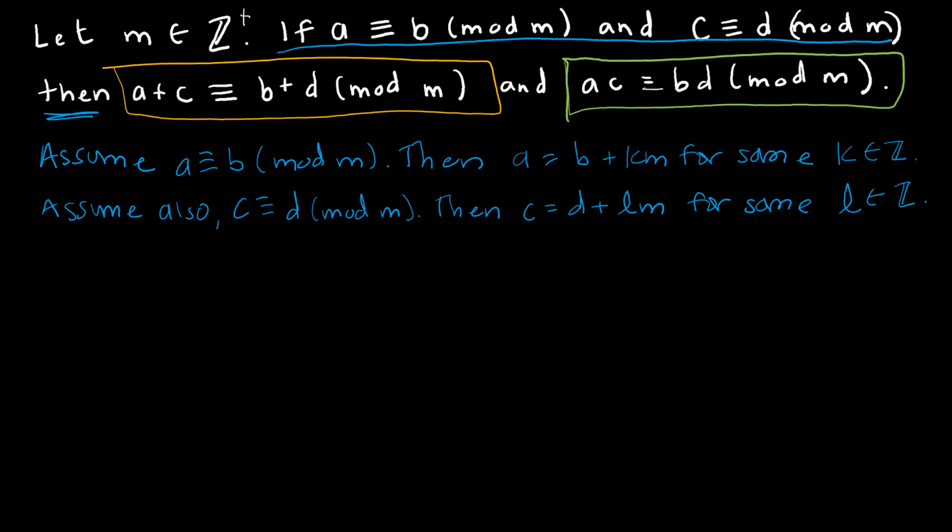So I'm just going to use those as assumptions for each of the two parts of the proof that I'm going to go about proving or showing. So I'm going to start with A plus C. By substitution, instead of A, I'm going to plug in B plus Km. And instead of C, I'm going to plug in D plus Lm.